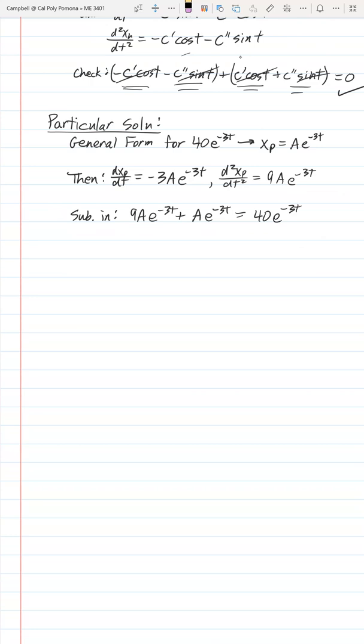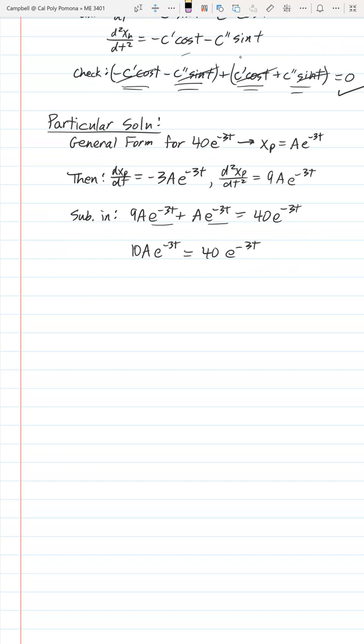And so here we can quickly see that obviously the exponential functions are the same, so then we just go ahead and add the coefficients together. So 9a plus 1a is just going to be 10a e to the negative 3t is equal to 40 times e to the negative 3t. Technically, we could have just started equating coefficients, but that's okay.